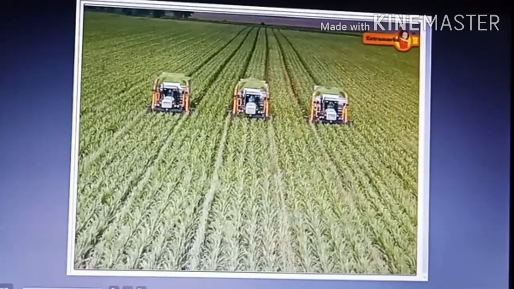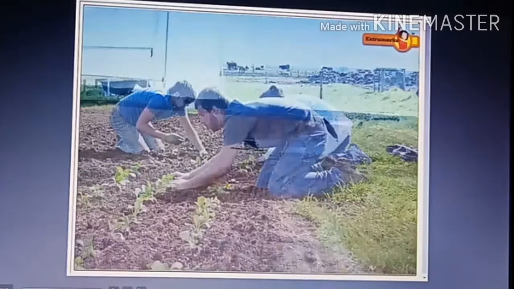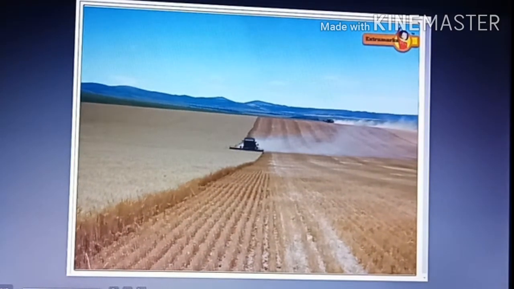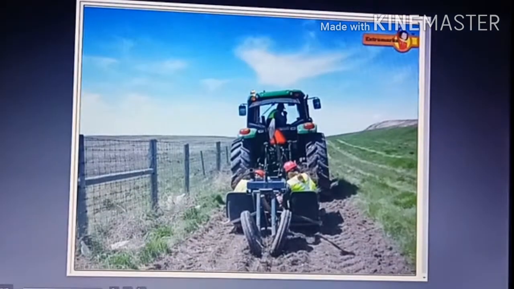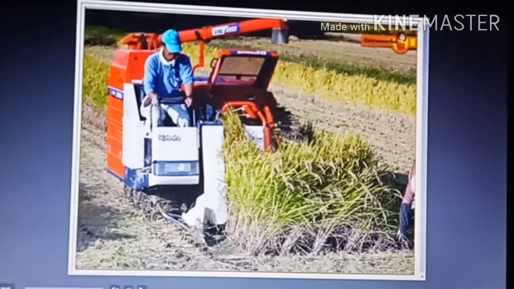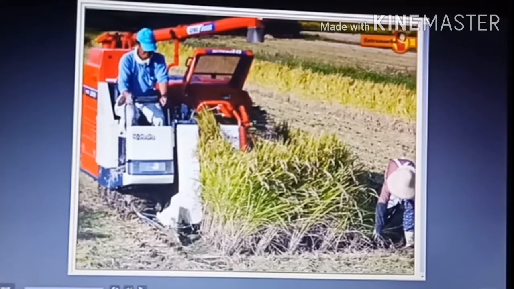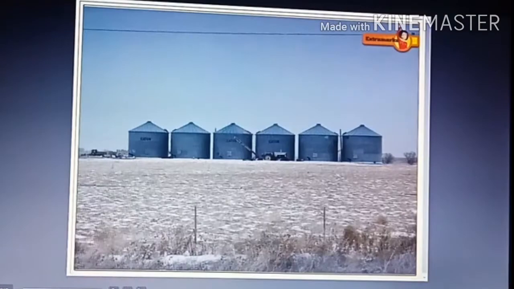The people of this region are very hardworking. They have successfully harnessed technology and scientific methods of agriculture in one of the most fertile lands of the world. The use of modern tractors, harvesters, and combines has made the USA and Canada a surplus food producer.